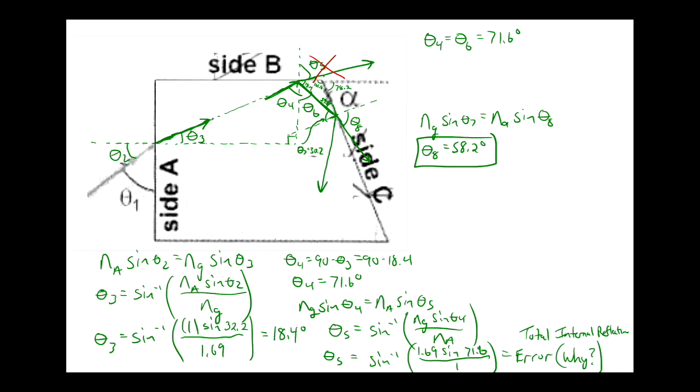Question in the middle. You can find that it's going to be total internal reflection this way, or you can use an equation I'm about to give you so that you can know in advance whether that's going to happen. Okay? Anybody else? Yeah?